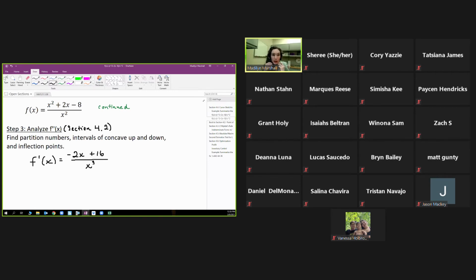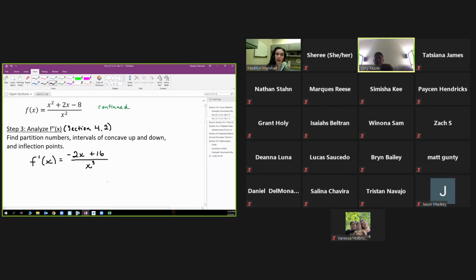The other option is to use the quotient rule, and we can use either of those for either of these problems. Can we do the quotient rule? Yes, that sounds good. Thank you.